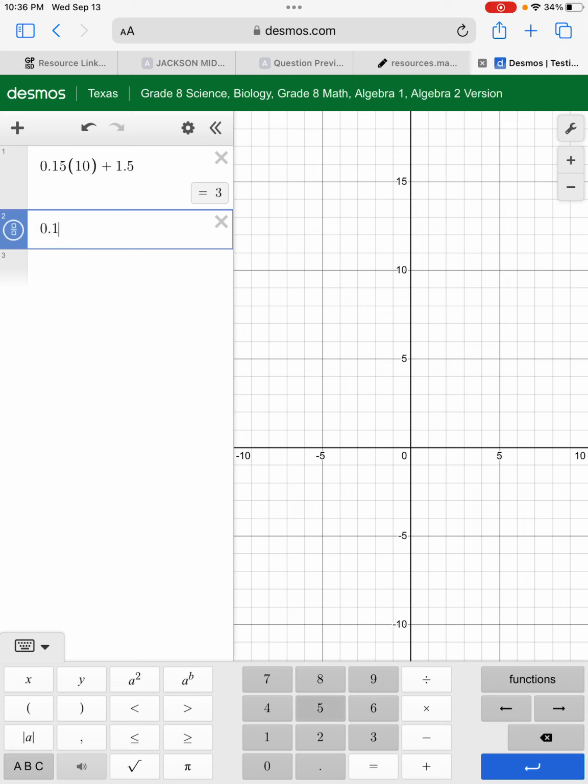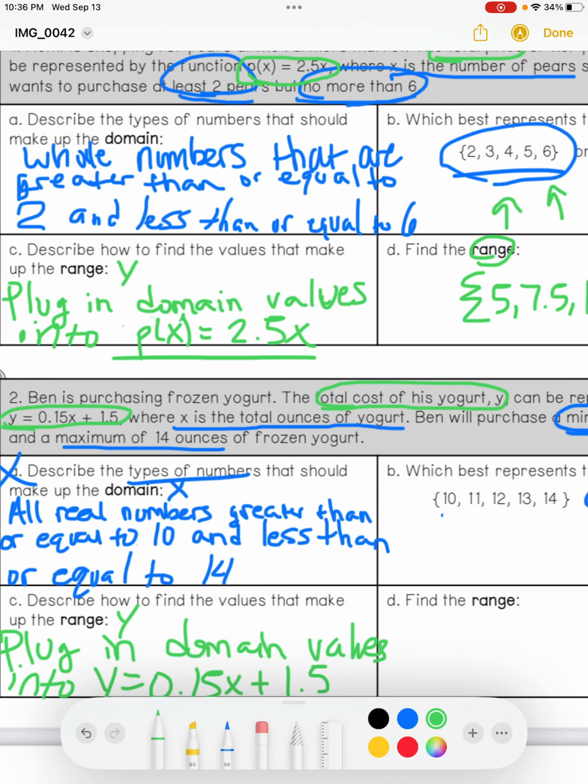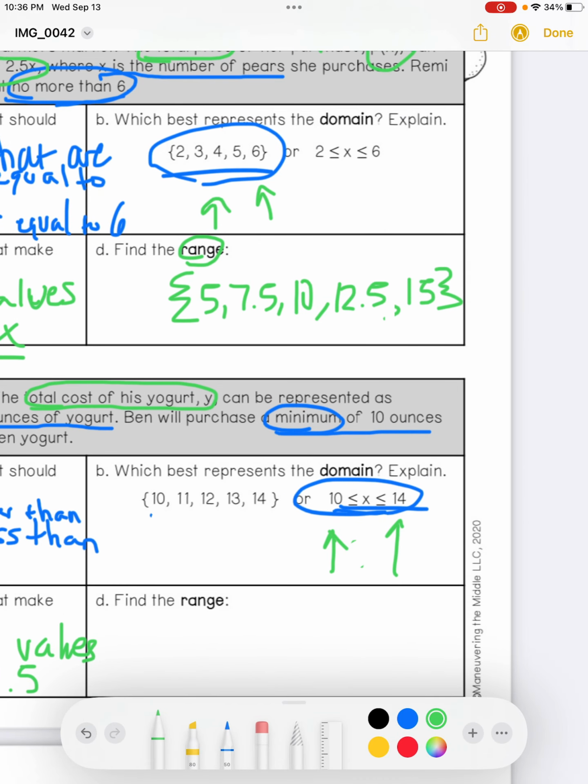And then if I do it again, but replace x with 14, I'm going to have 3.6. So when Ben buys his frozen yogurt, we know that his cost is going to be between $3 and $3.60.